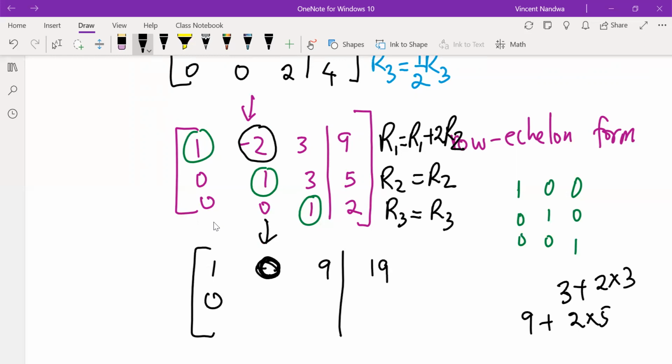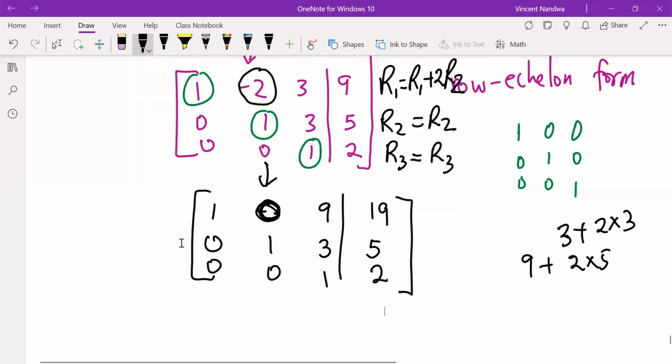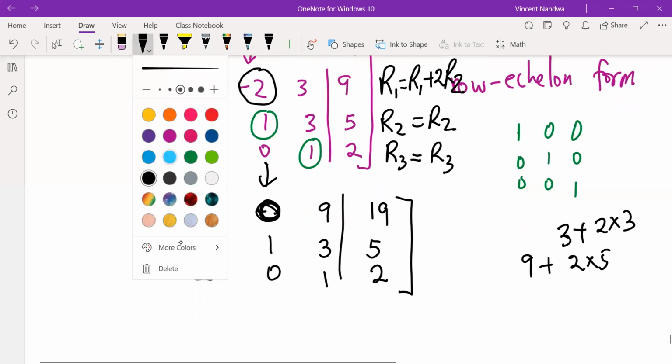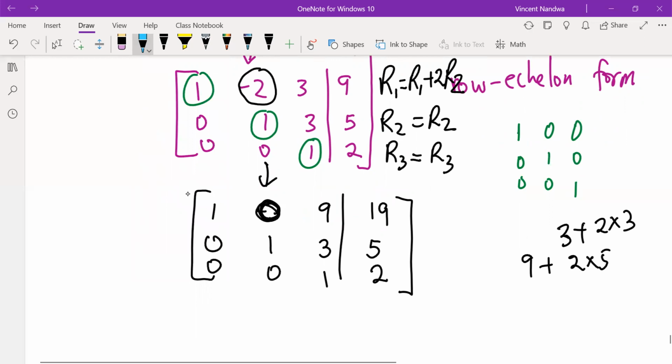So this is 0, 1, 3, 5, 0, 0, 1, 2. By doing that, I've successfully converted the second column into the correct form. So the problem now is at this position and this position. I correct the 3 and the 9 by row 3.